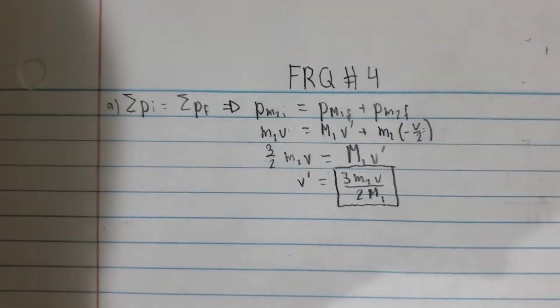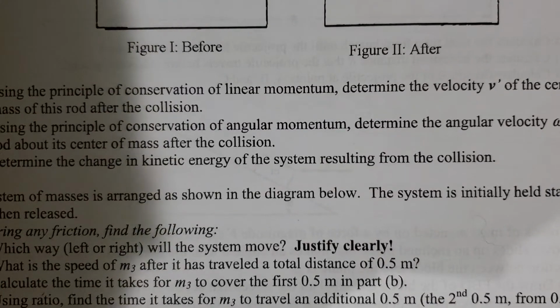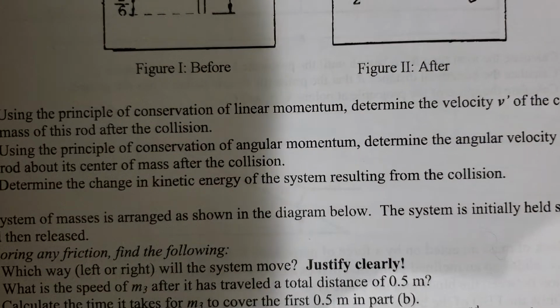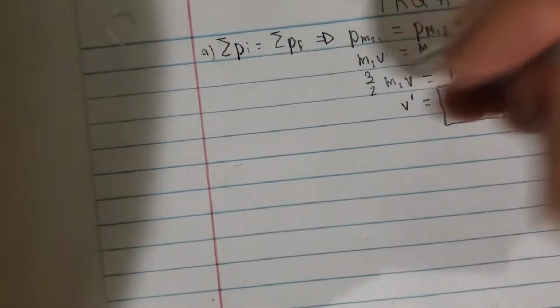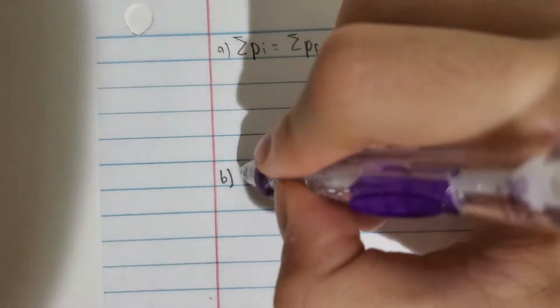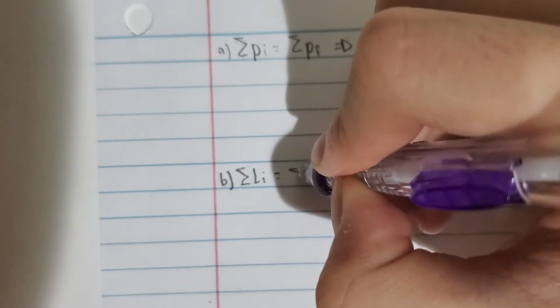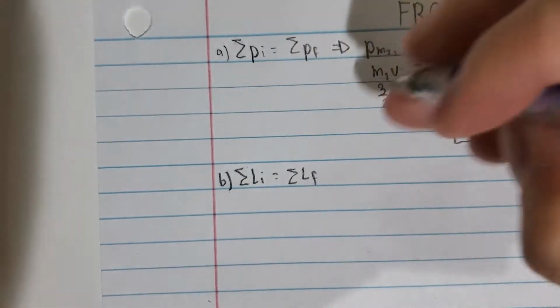Okay. Part B wants us to use conservation of angular momentum to determine the angular velocity of the rod about a center of mass after the collision. Alright, so similar concept. If angular momentum is conserved, the total angular momentum initial is equal to the total angular momentum final.